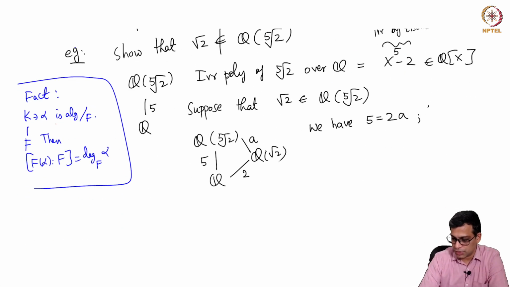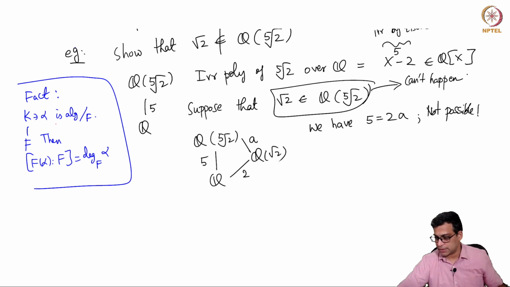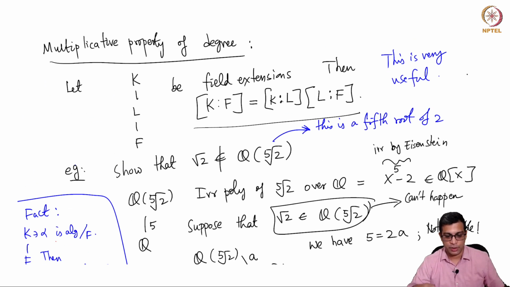But this of course is not possible. So that means this cannot happen. As you can see, this is a nice illustration of what we can say about field extensions and the multiplicative property of degrees of extensions of fields.